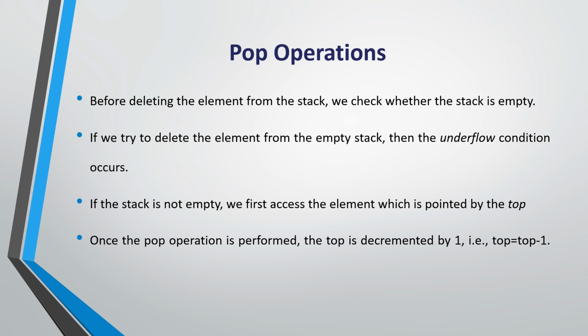If the stack is not empty, we first access the element which is pointed to by the top. The reason we do this is to store the data in some variable and to avoid data loss. Once the pop operation is performed, the top is decremented by 1, that is top equal to top minus 1. This statement will be carried out after deleting, after the pop operation.